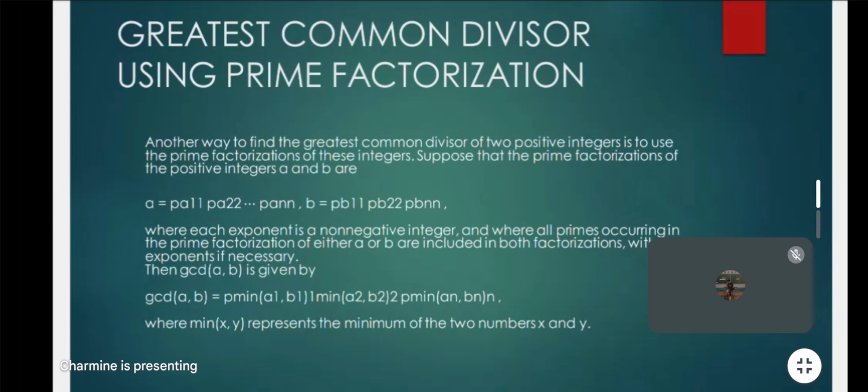Greatest common divisor using prime factorization. Another way to find the greatest common divisor of two positive integers is to use the prime factorization of these integers.